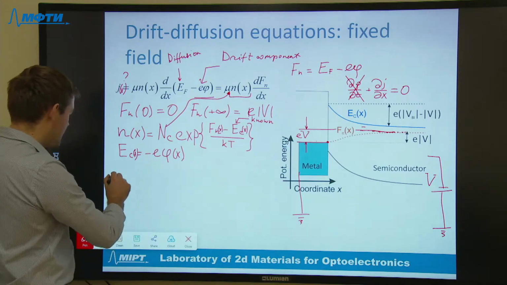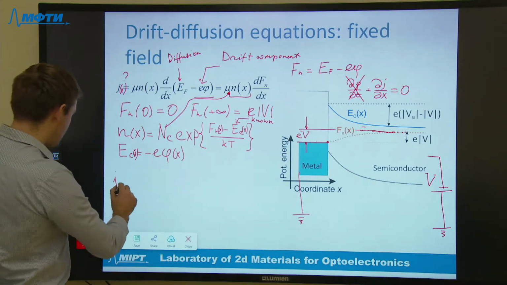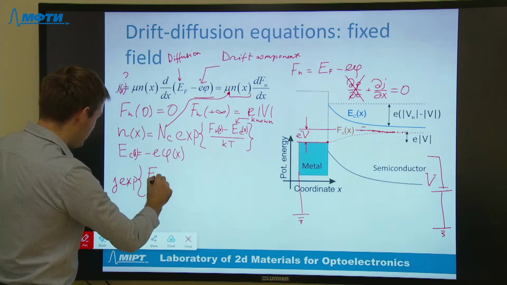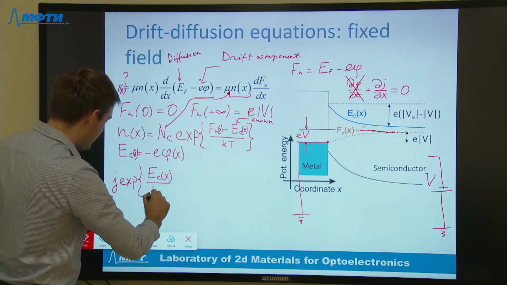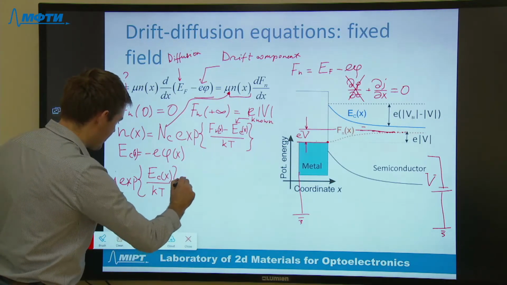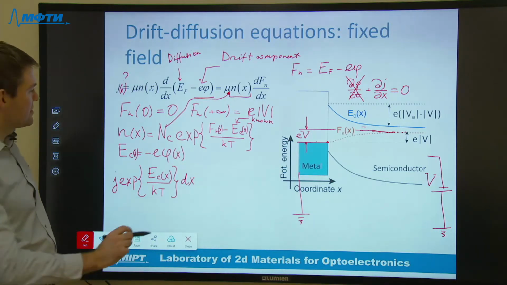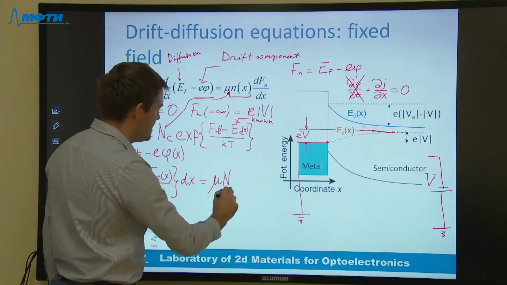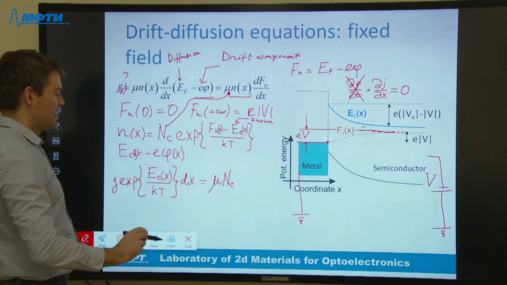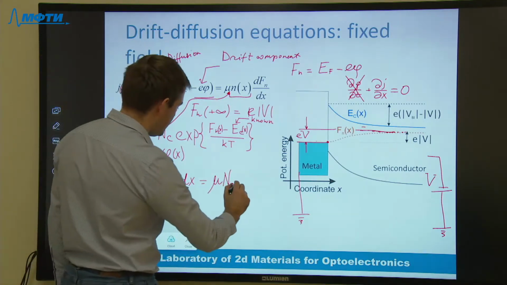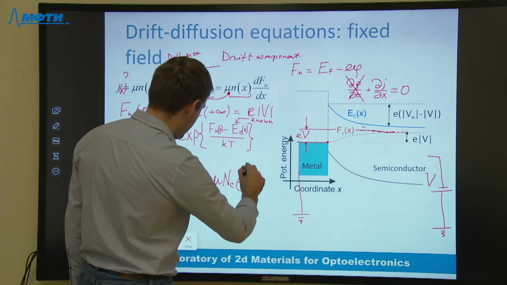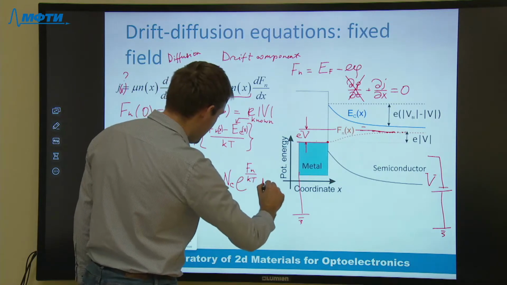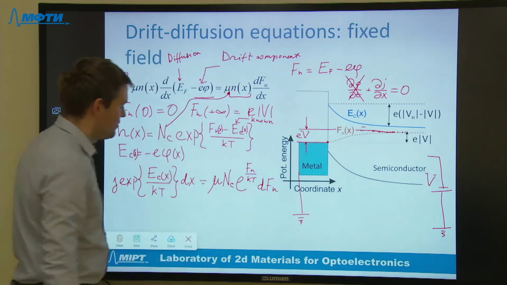What we obtain as a result is J multiplied by exponent of conduction band bottom divided by kT, multiplied by dx, is equal to mobility multiplied by effective density of states in the conduction band, multiplied by exponent of quasi-Fermi level divided by kT, and the derivative of this quasi-Fermi level.